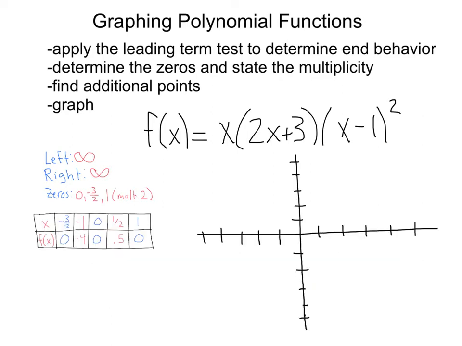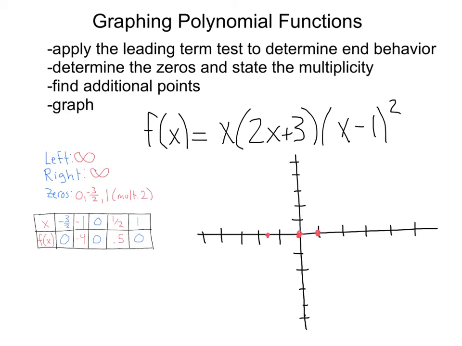Alright, here we have our coordinate plane, and I'm going to start by plotting my zeros. Here I have zeros at 0, negative 3 halves, and 1. So I know I have a zero at 0. I know I have a zero at negative 3 halves, that's negative 1.5. And I know I have a zero at 1.